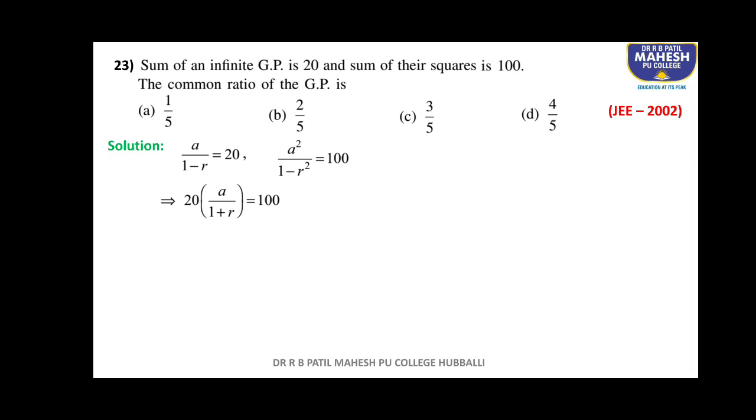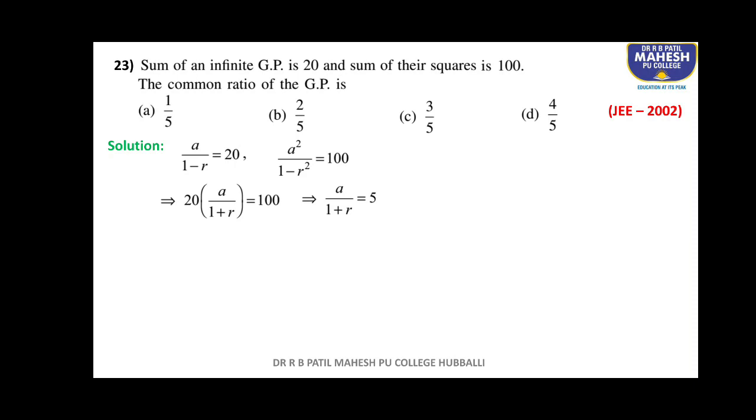In the numerator we can write 1 minus R square as 1 plus R into 1 minus R. Therefore in the numerator as well as the denominator we can cancel 1 minus R as well as A also. After all the cancellation we have 20 into the bracket of A divided by 1 plus R is equal to 100. This implies A divided by 1 plus R is equal to 5.